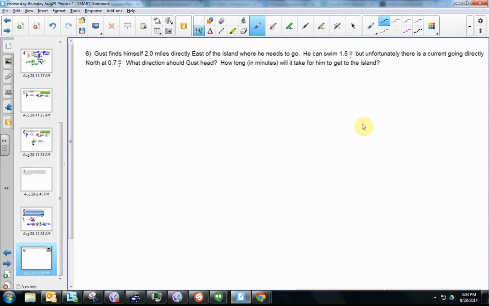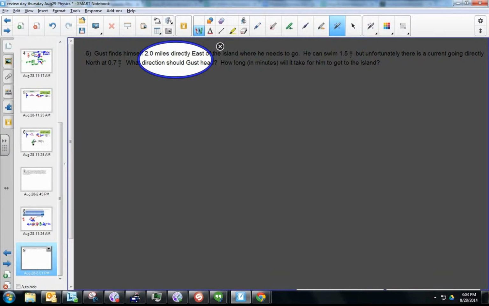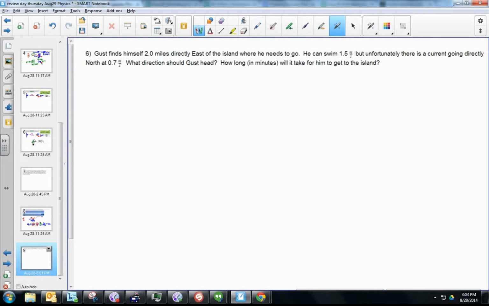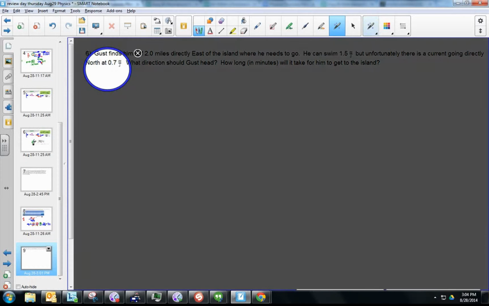But in any case, what we have here is poor Gus is out in the ocean, and he's found himself 2 miles directly east from where he'd like to be. So he needs to go west, and he wants to go directly west, not off at some angle, because that's where the island is he needs to get to. But there's a problem, and the problem is that there is a north moving current that's going to push him too far north.